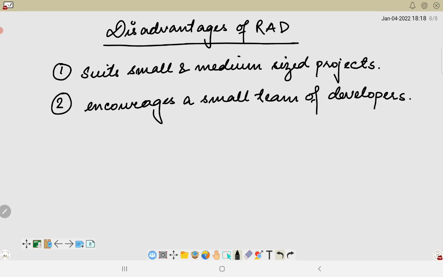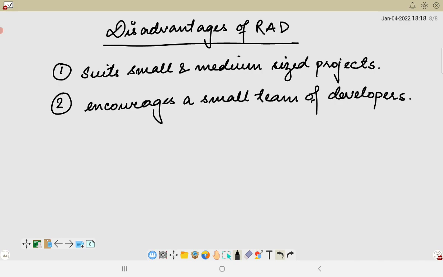Also there is too much dependency on the people involved in the RAD project. If one of them is not able to perform his or her task adequately, it might affect the product development, because the team is very small in number and the dependency on each other is higher.